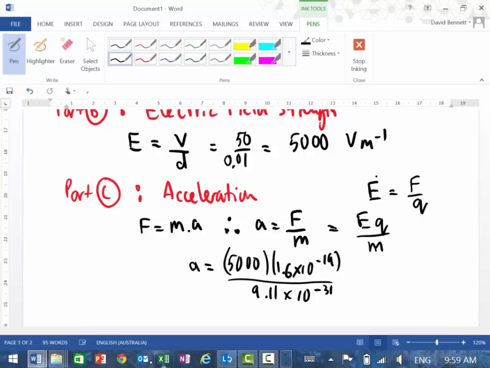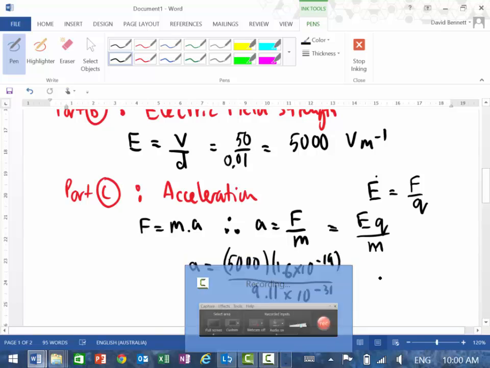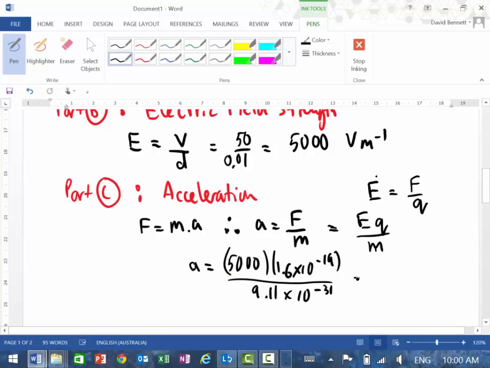So again, you can go to your calculator and do that calculation. Can someone do that please for me and get an answer? I'm looking for something like 10 to the 12, 10 to the 10 metres per second. Right, you've got your calculators out?